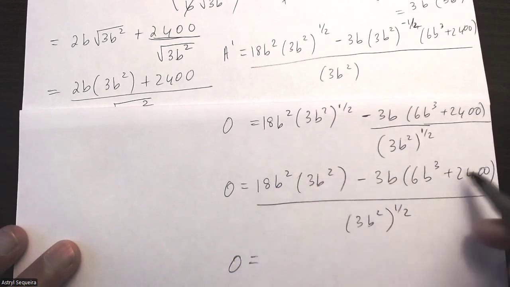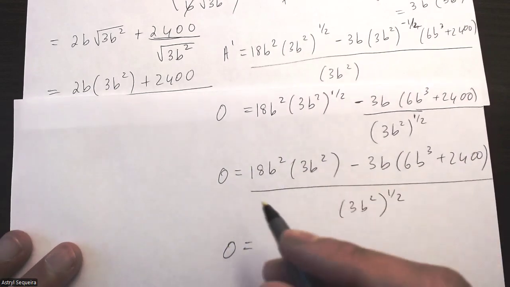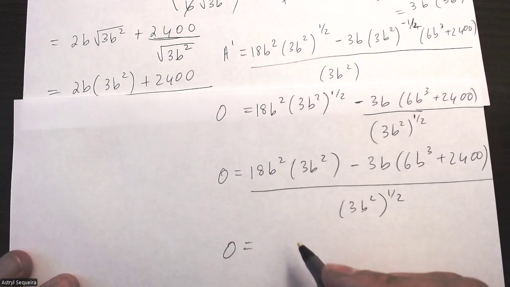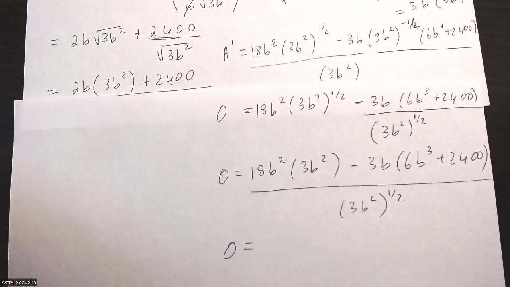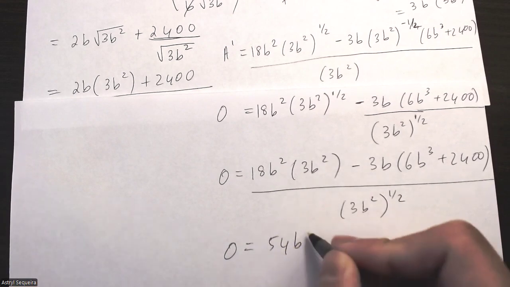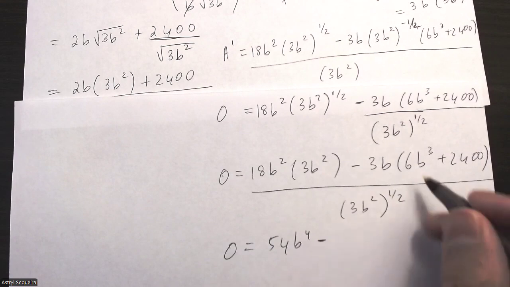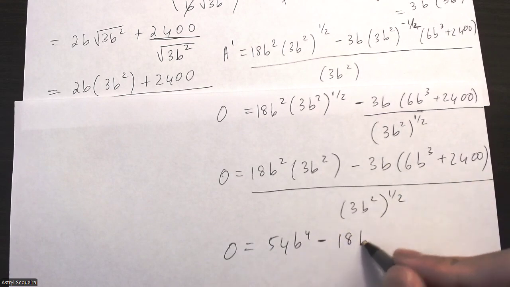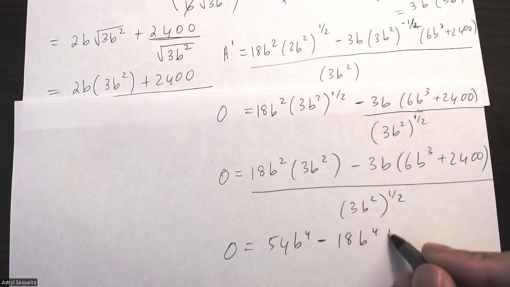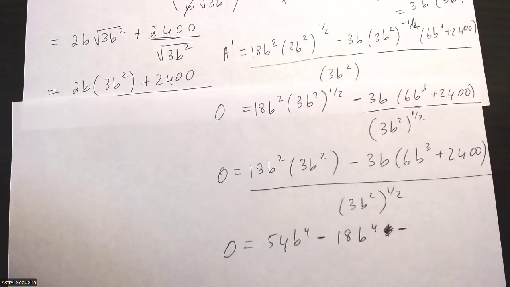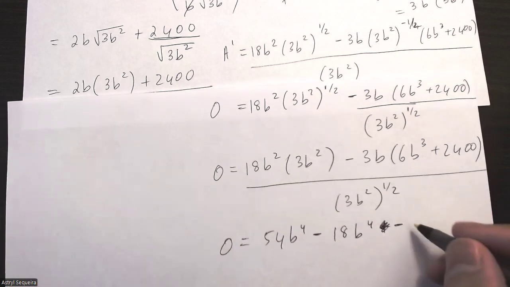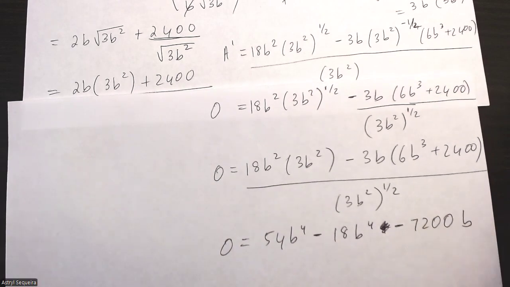I'll also expand out the top completely. So 18 times 3 is 54. Let me double check that in my calculator. Yep, 54b to the power of 4 minus 18b to the power of 4 plus, no, minus 2400 times 3. I think that's, yep, 7200b.